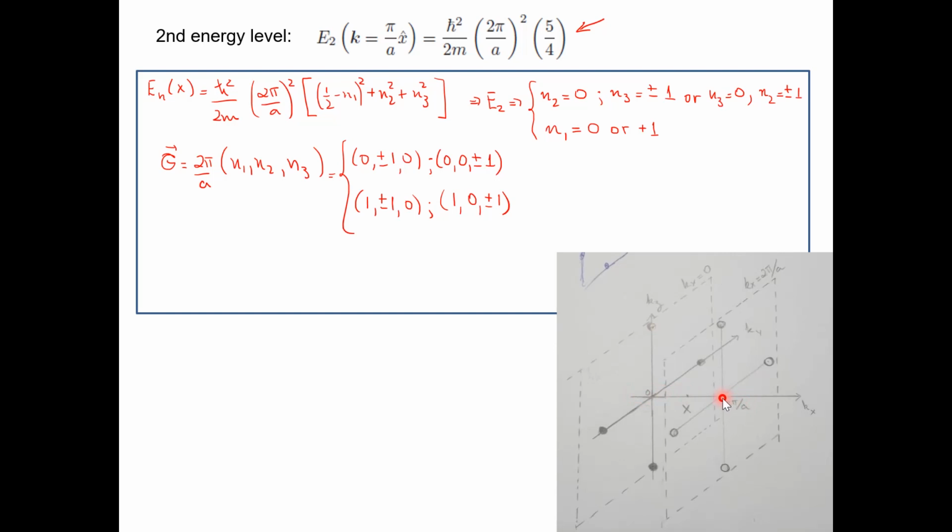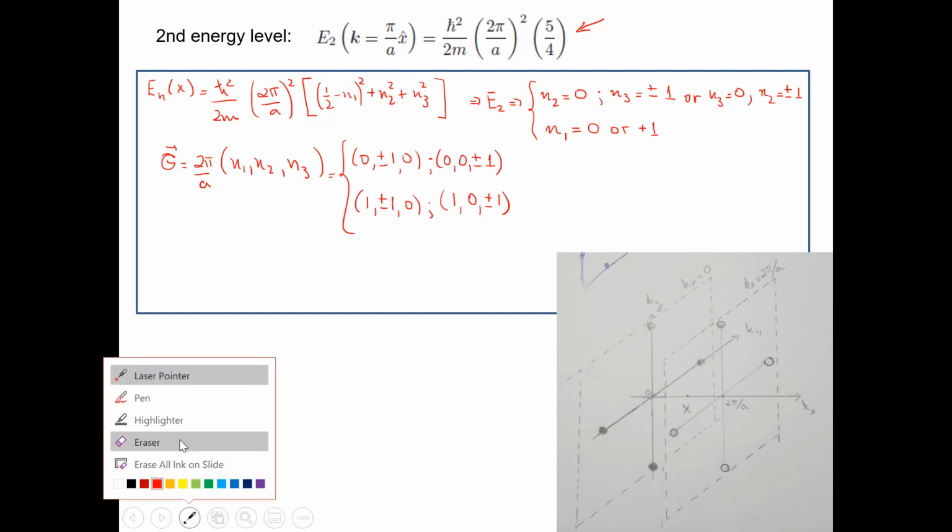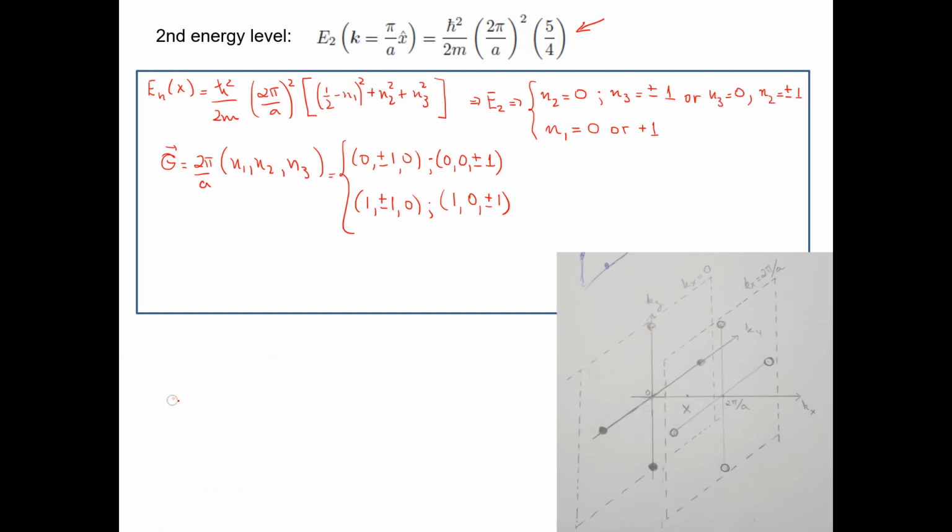But the 8 reciprocal lattice vectors we are interested in are these ones. I'm going to color them with red ink. So the 8 vectors we are interested in are these.